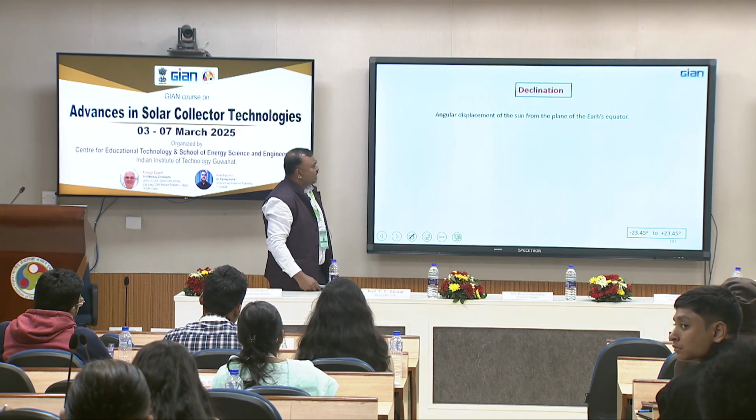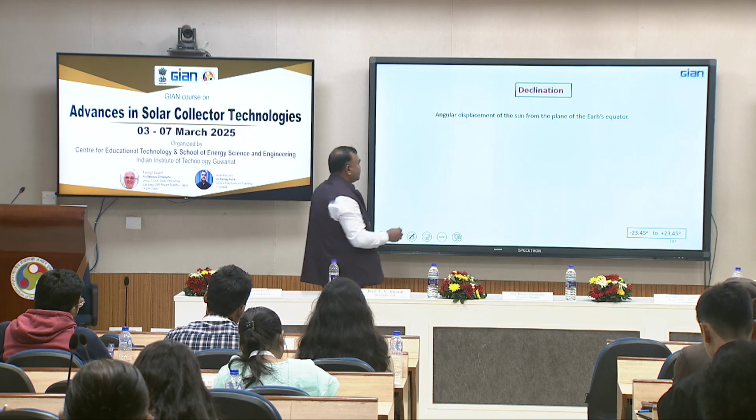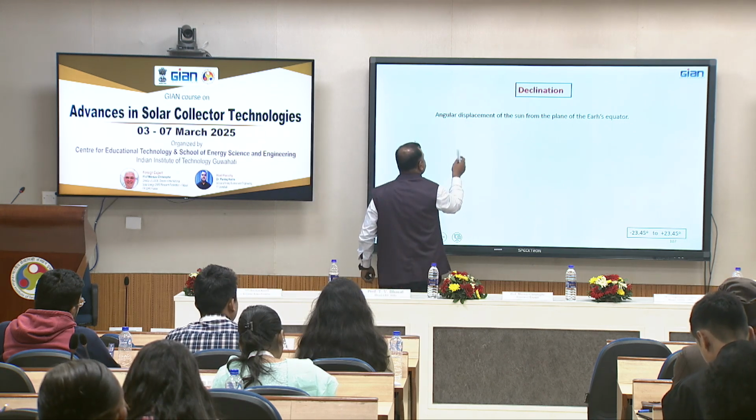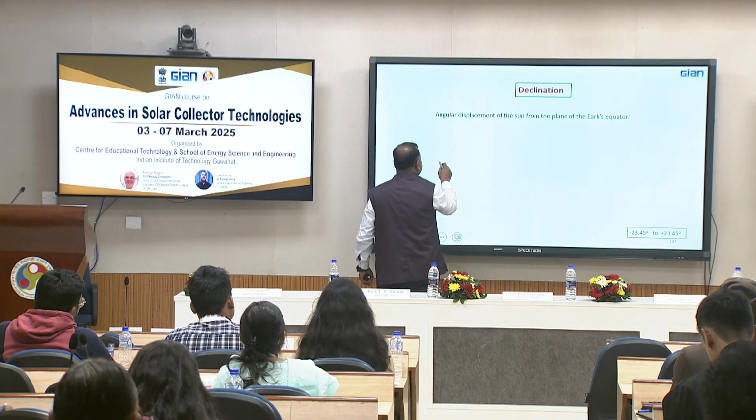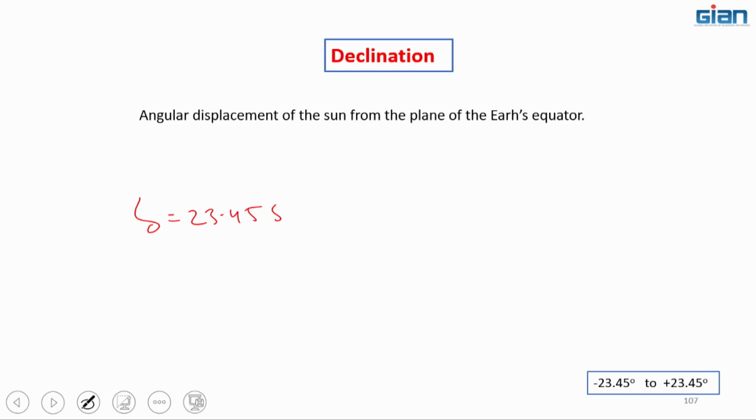Declination I already defined, and it relates to the equinox and so on. So delta mathematically you can say is 23.45 sine of 360 by 365 times (284 plus n). Here n is the nth day of the year.